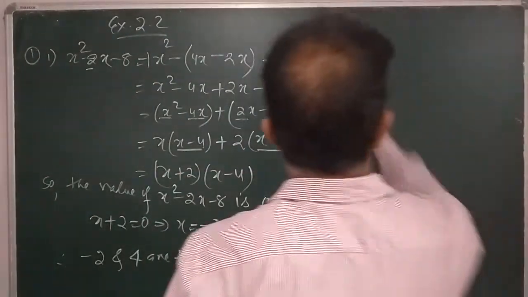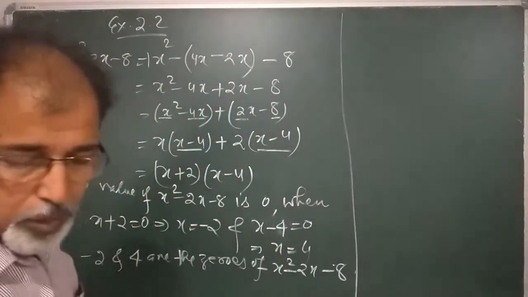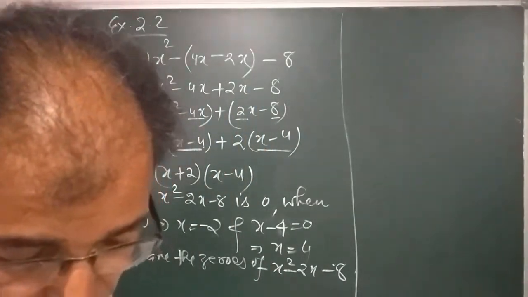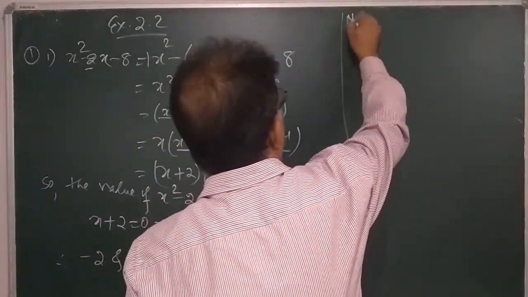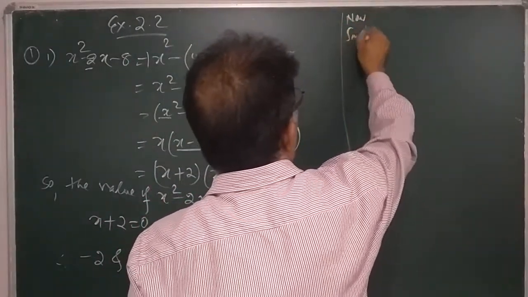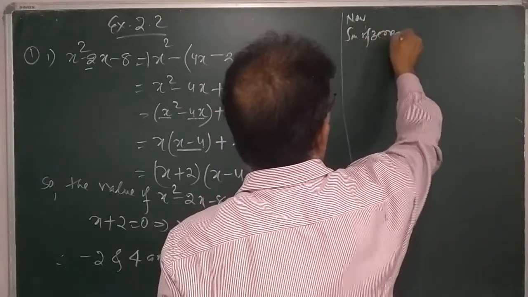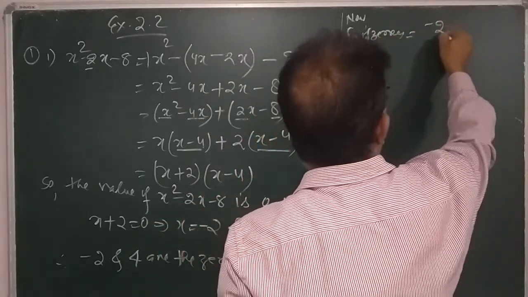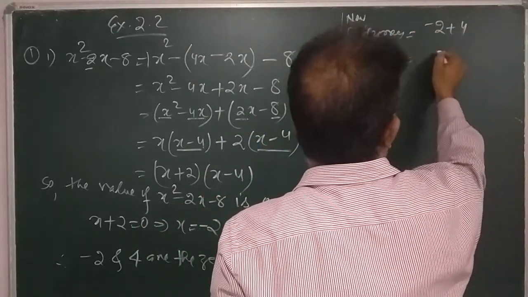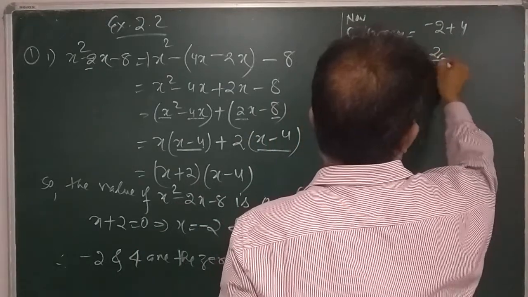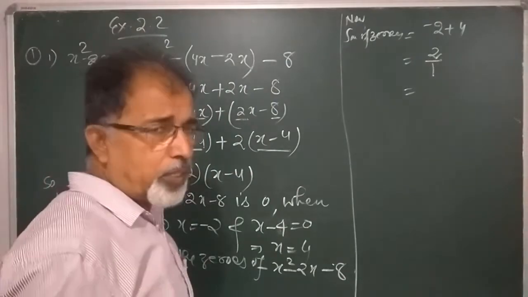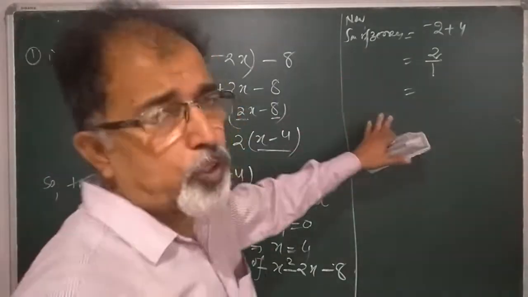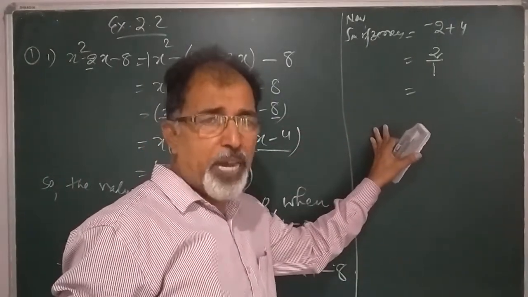Now, second part of this question, we have to find the relationship between the zeros and the coefficients. Sum of zeros equals minus 2 plus 4 equals 2 by 1. Here we have already learned that the sum of zeros is equal to minus b by a.